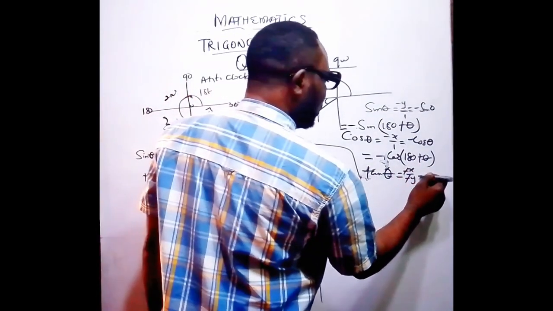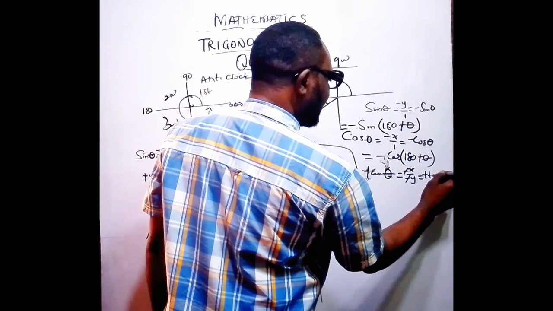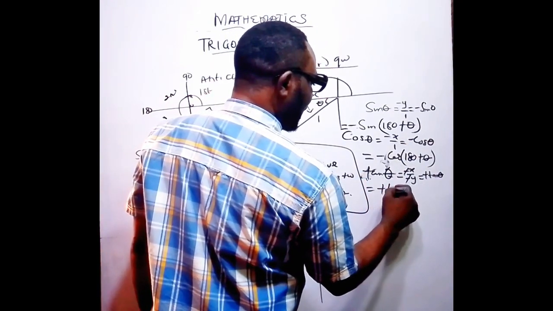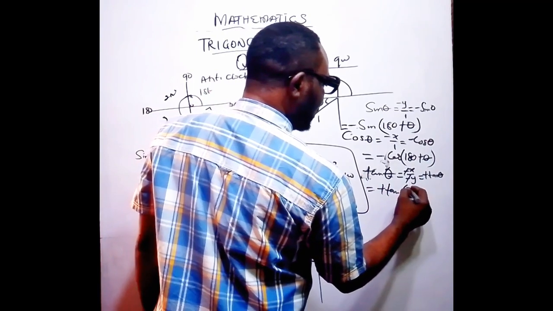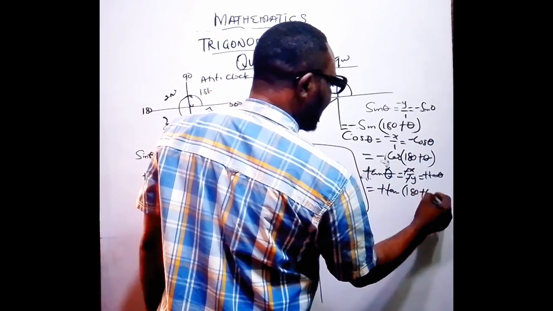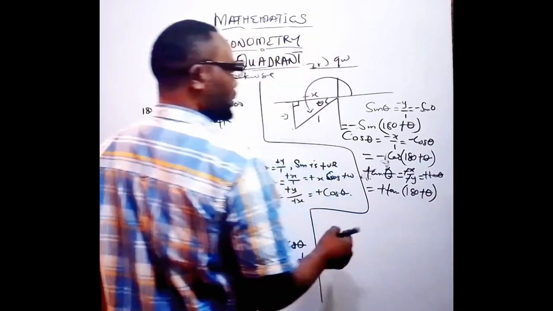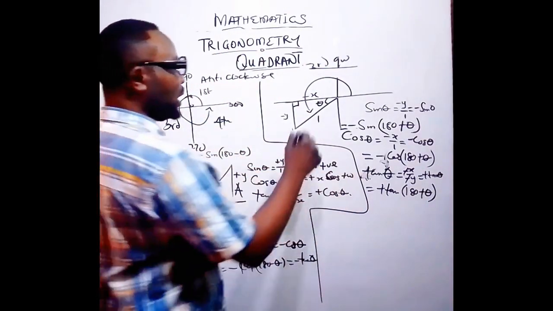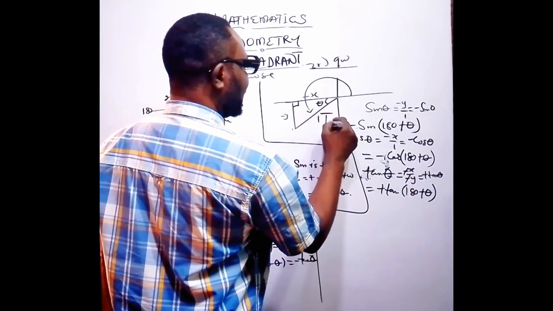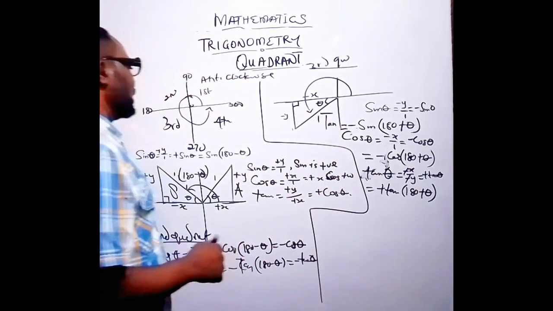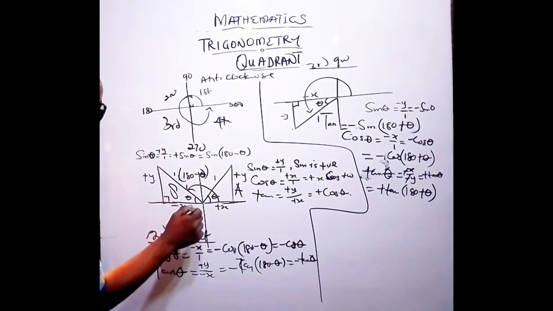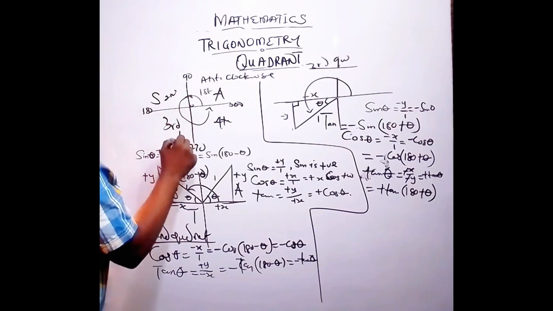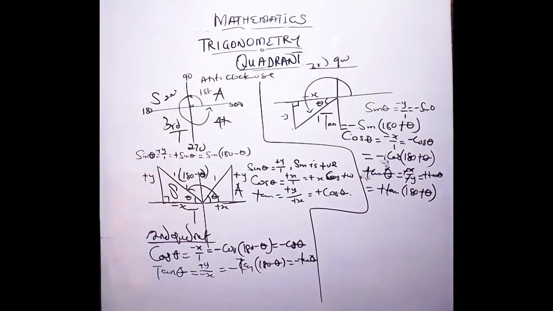So it will be equal to plus tan theta, which is going to be equal to plus tan 180 plus theta. That's what you get for the third quadrant. So at the third quadrant, only tangent is positive. I put it there as t.